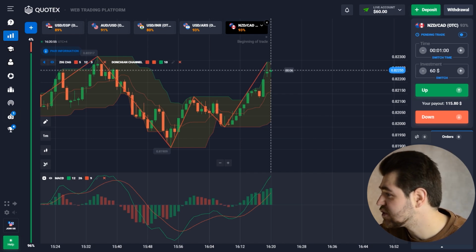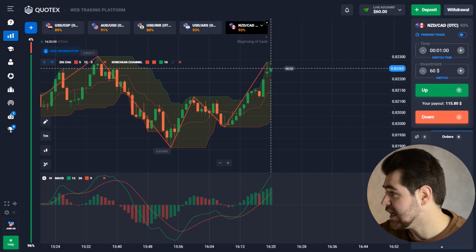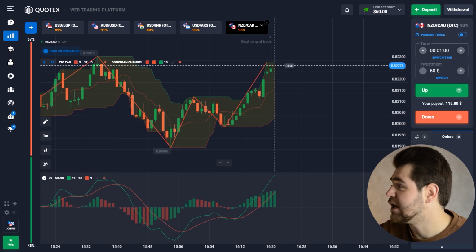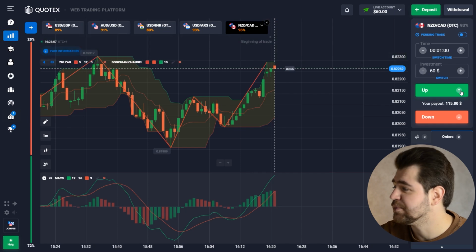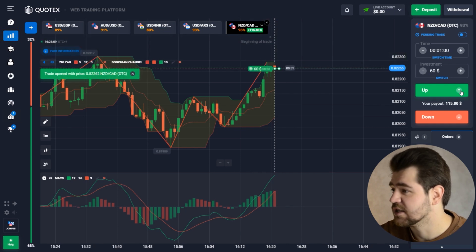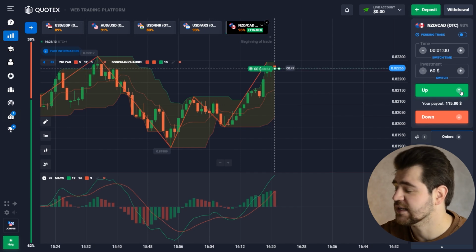So for the first option, I'm gonna be using a MACD oscillator as well as zigzag and Donchian channel. So let's see. We're gonna go ahead and make a call option here for various reasons. First of all, we see a trend. This is a bull trend.